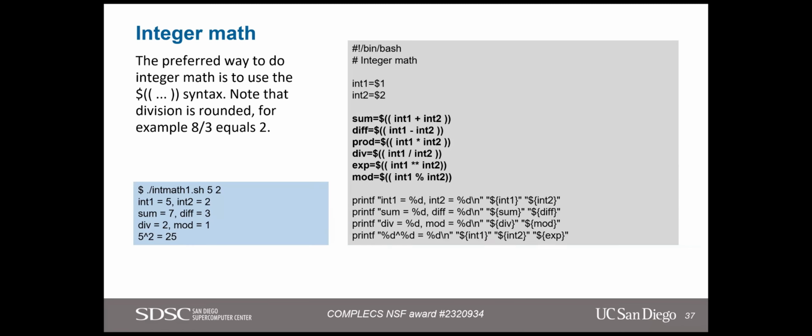So integer math. Integer math, as we mentioned with the strings and the cases, can be interpreted by those double rounded brackets. So the syntax to do integer math is going to be the $, and then the equation is going to be within the double rounded brackets.